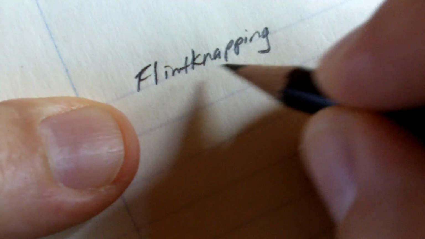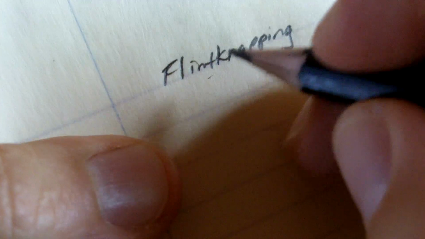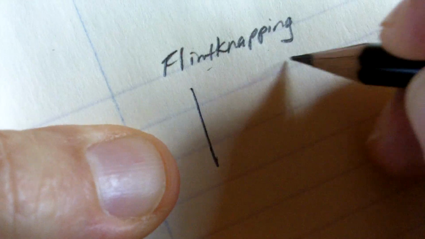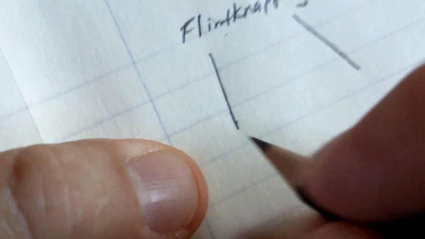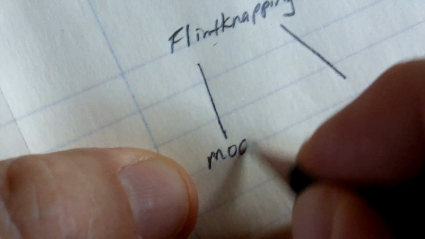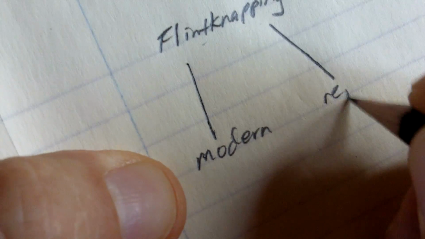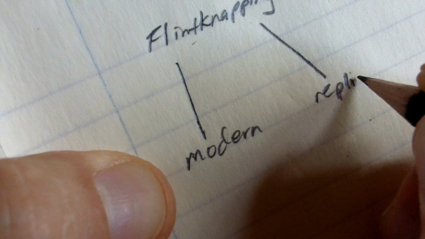So let me just start here. In my view, Flintknapping can go in a couple ways, and most people will recognize that there's modern, and then there's replicating.